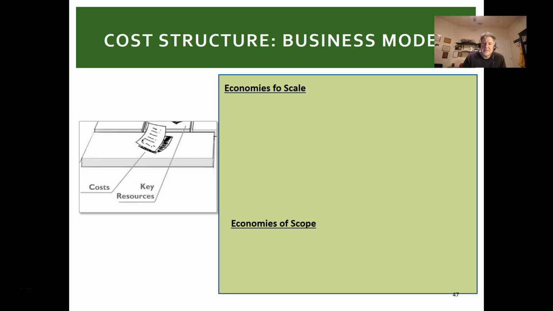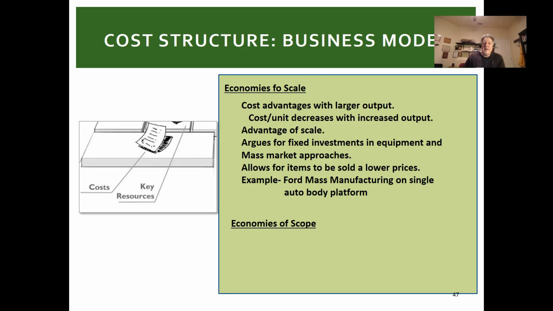And we talked about scale and scope. Scale is going to be, with larger output, you're going to have cost advantages. Okay, and that does argue for fixed investment in equipment. Okay, and more mass market approaches. And as a result, those products can be sold at a lower price.